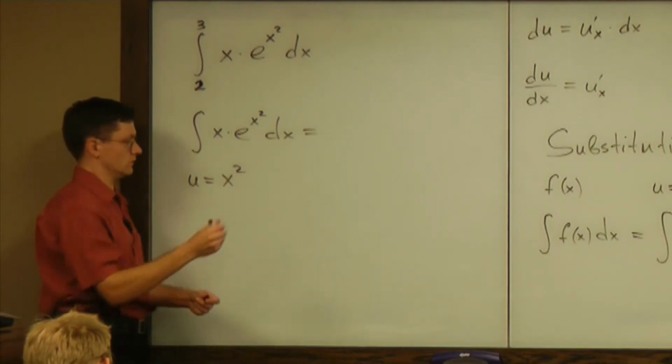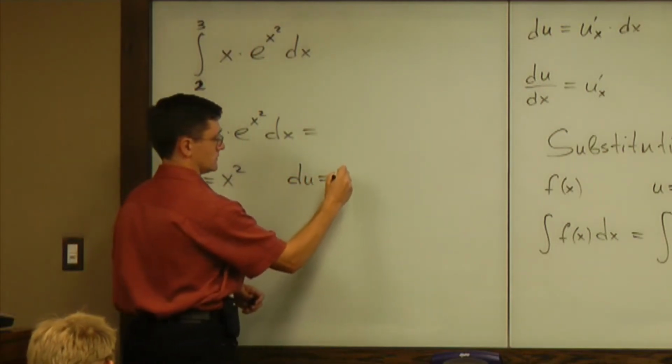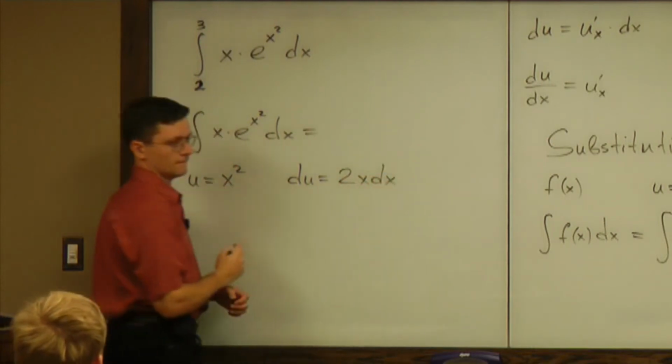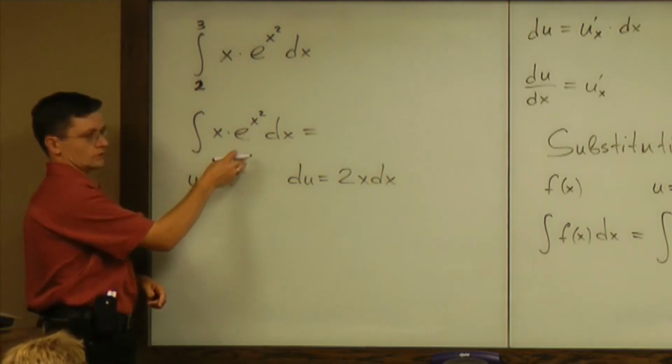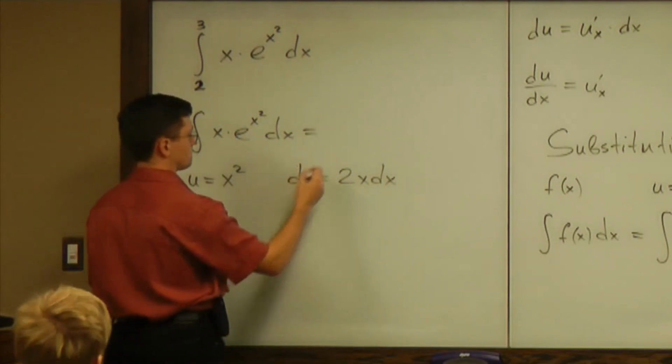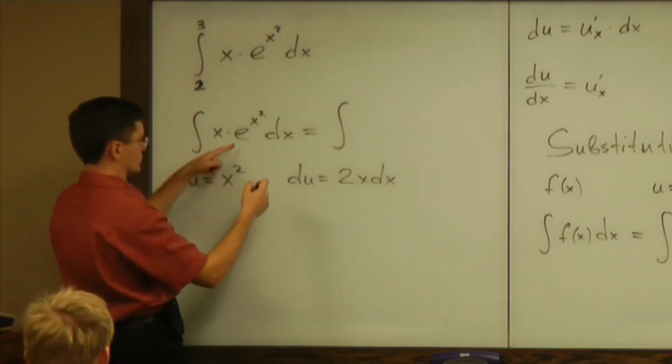It looks like du. So du is 2x dx. Up to that constant 2, I have a product of a function of u times du. And that's exactly what makes this substitution work.